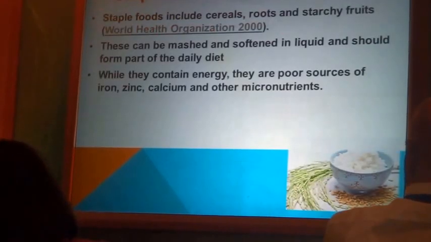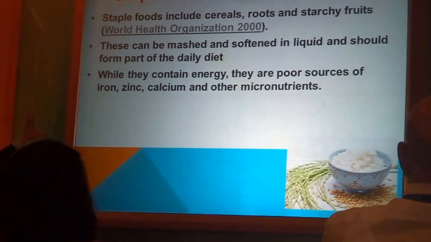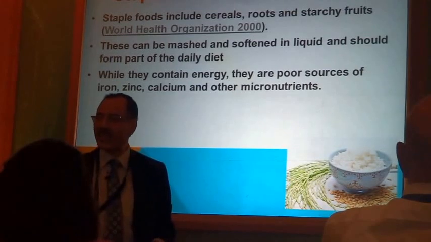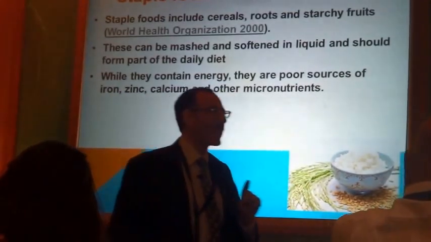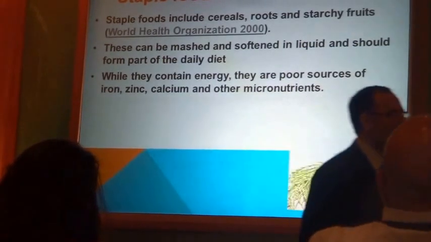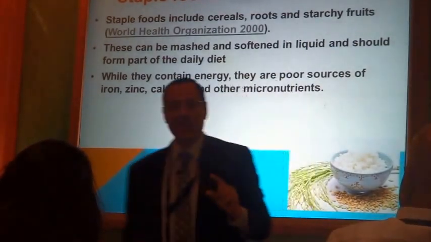What are the foods to encourage? Starch foods, which by definition include cereals, roots, and starchy foods. Free of modification? No, they should be adjusted with balanced nutritional contents. So if the mother is giving rice on its own, I will ask, is this a balanced form of nutrition or not?